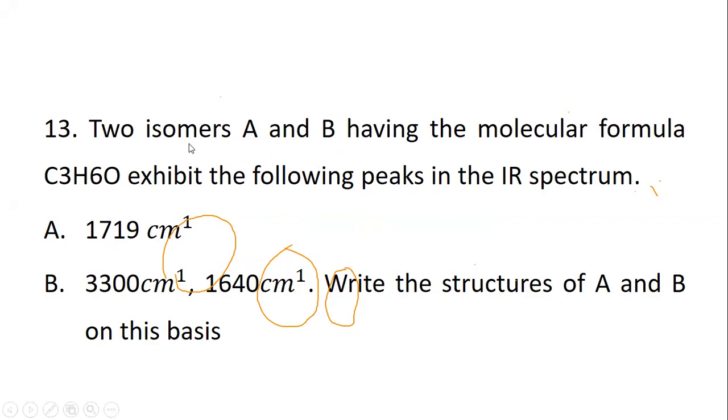Question number 13. Two isomers A and B having the molecular formula C3H6O exhibit the following peaks in the IR spectrum: 3300 per cm and 1640 per cm. Write the structure of A and B on this basis.